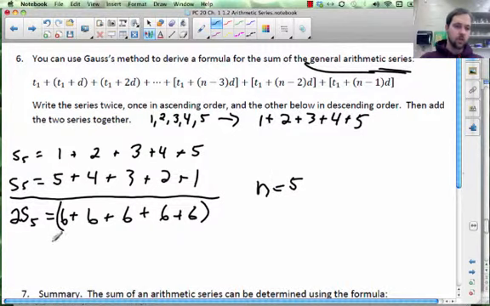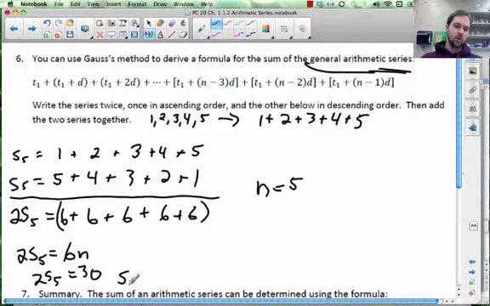And our general expression, in this case, we could easily just write 6n, so 2 S sub 5 equals 6 times n, and n was 5. So 2 S sub 5 equals 30, and then divide both sides by 2, which means S sub 5 would equal 15. Okay, so that was simple.